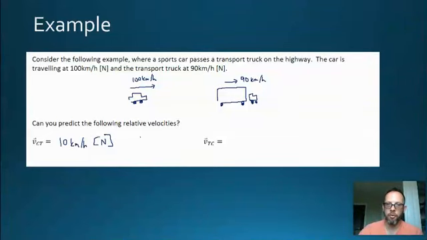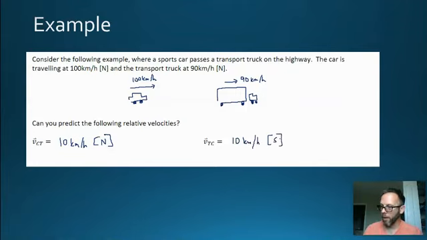What would the velocity of the truck with respect to the car be? Well, as far as the car is concerned, that truck is reversing towards him at 10 kilometers per hour. You could say it's minus 10 kilometers per hour north, or you could say it's 10 kilometers per hour south.